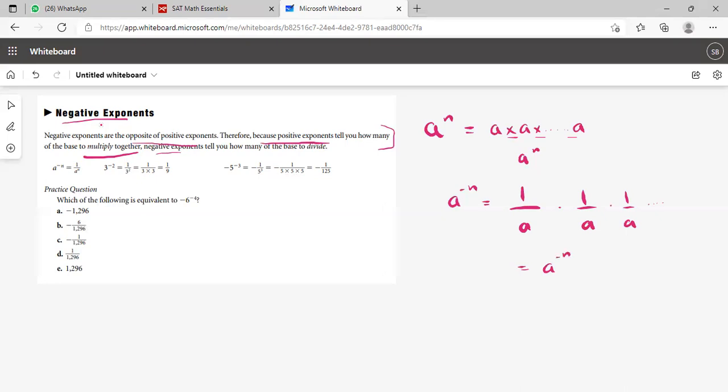So this is the difference. When we had positive exponent, we were writing it as product. When we have negative exponents, we are again writing it as a product, but the only difference is that here a is in the denominator. Okay, is it clear?